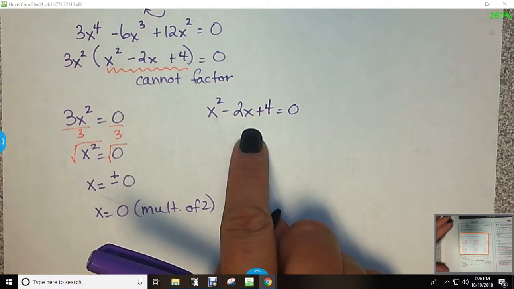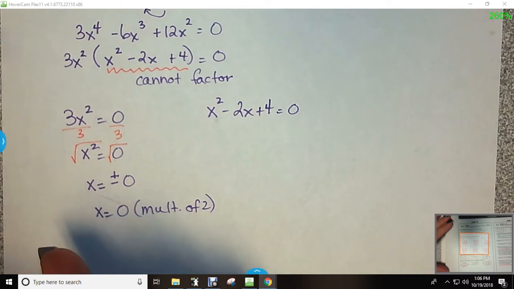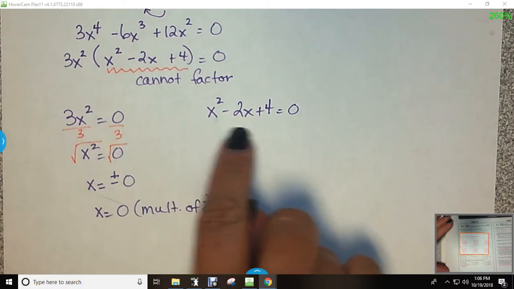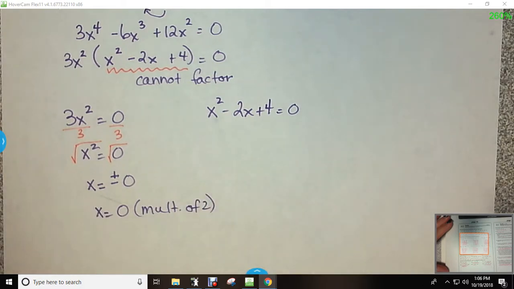I can't factor it. There's no way I can get x all by itself and only on one side of the equals sign. So we got to figure out another way to solve this. Okay, remember, we just finished chapter 4, where all of the problems were x squared. How could I solve an x squared equation?